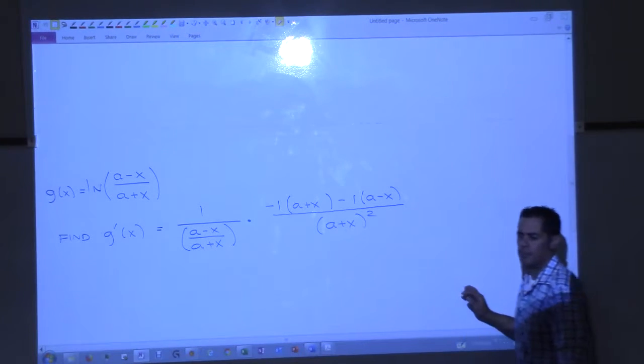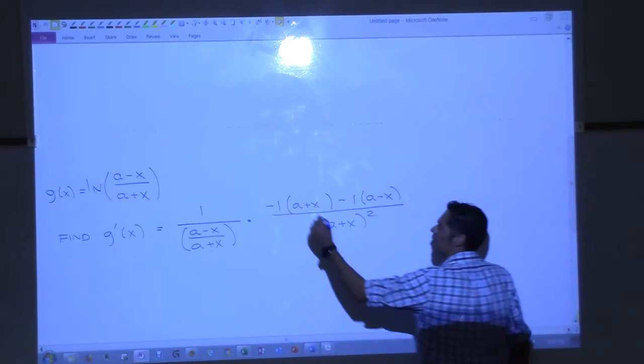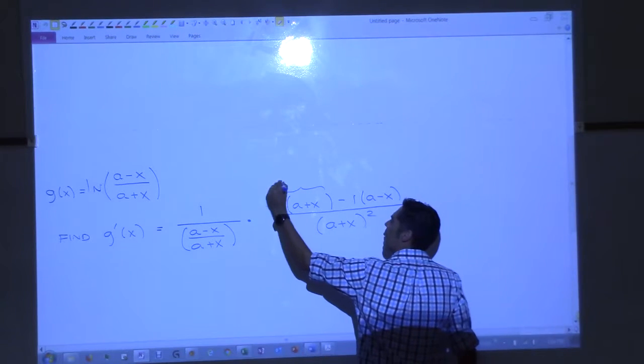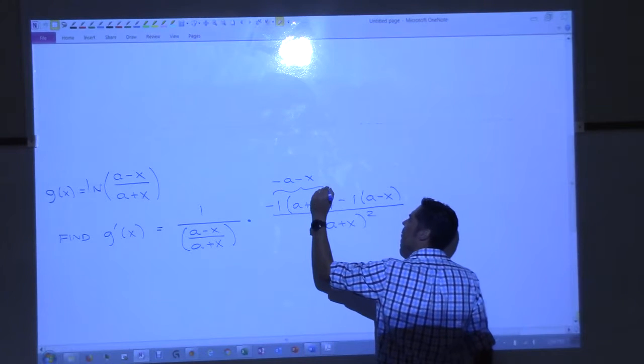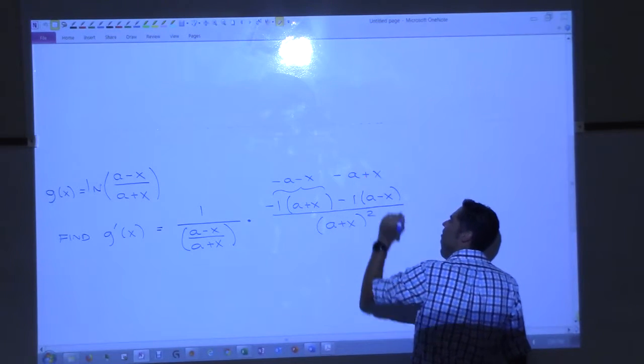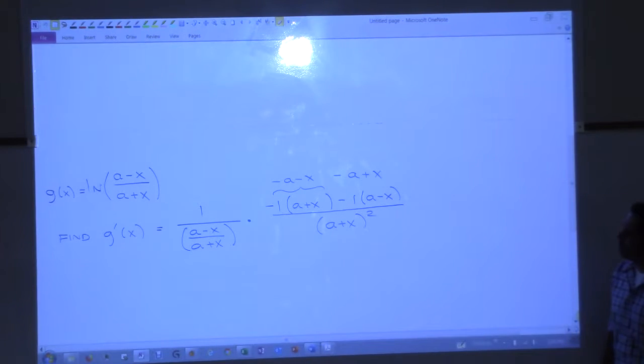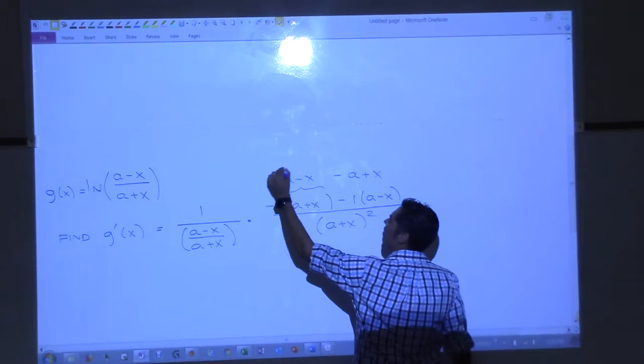All right, let's clean up the numerator. This is really negative (a minus x). And then this really turns into minus (a plus x), if I distribute the negative through. So what does the numerator turn out to be? Negative 2a, right? This is just negative 2a.